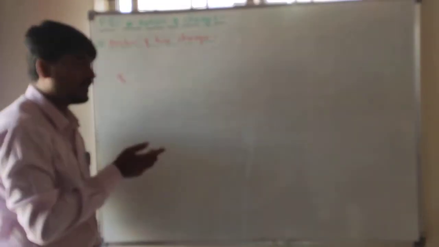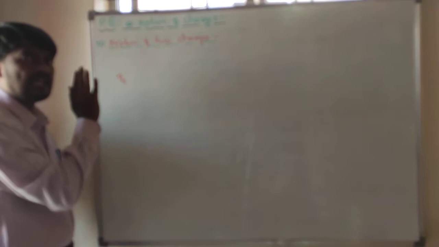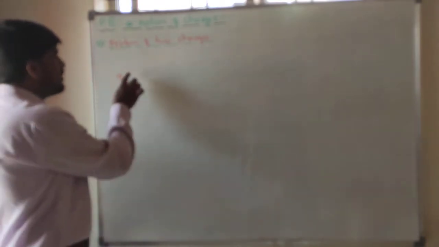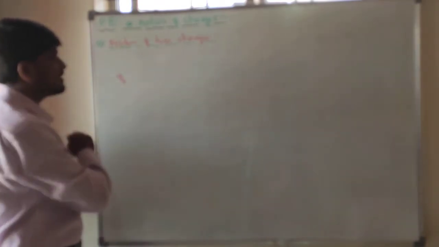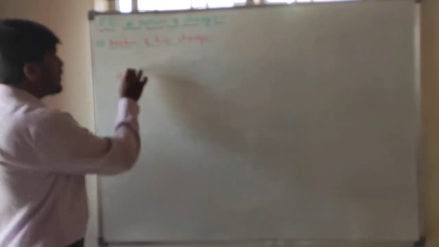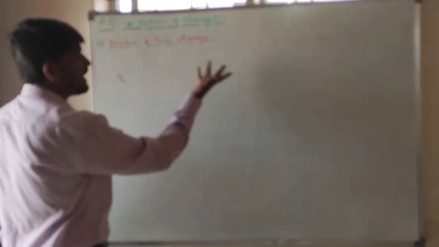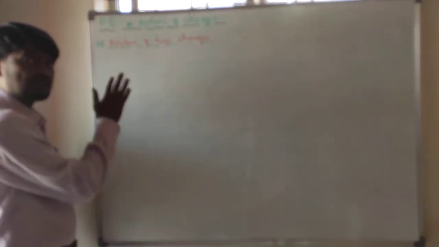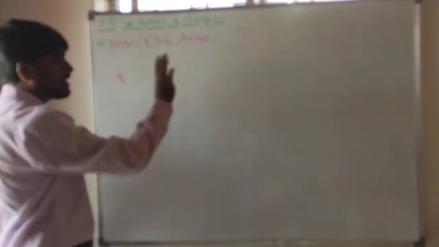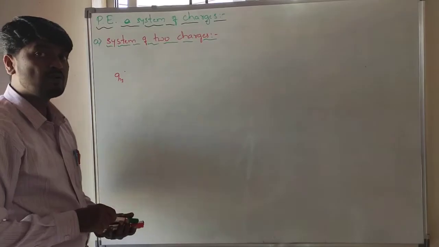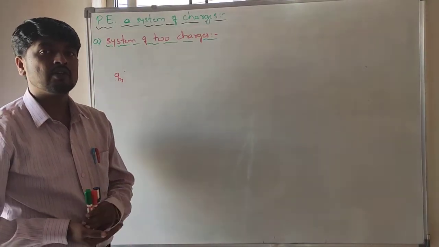Now listen carefully. Earlier it was a completely empty space. Now I have considered the point charge Q1. Q1 produces the electric field around it, called E1. It also produces the potential, that is V1. Now, what is the definition of electrostatic potential?